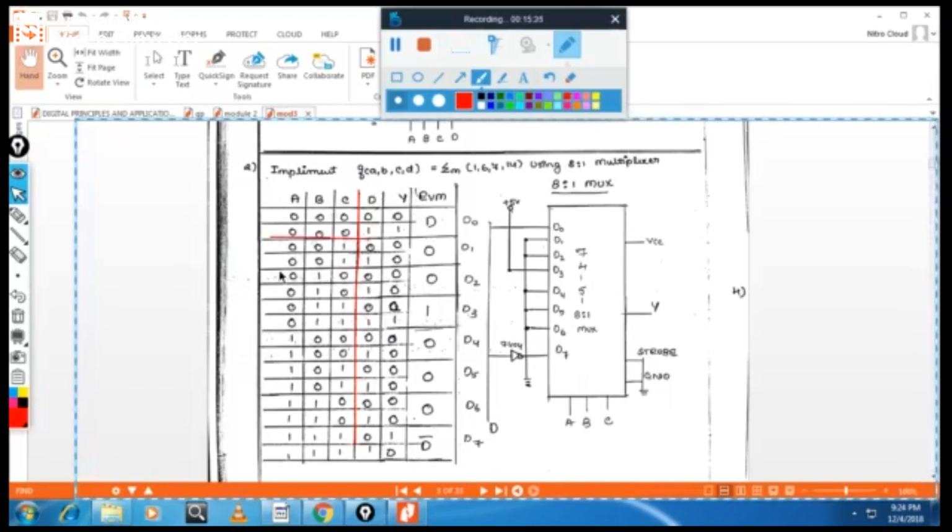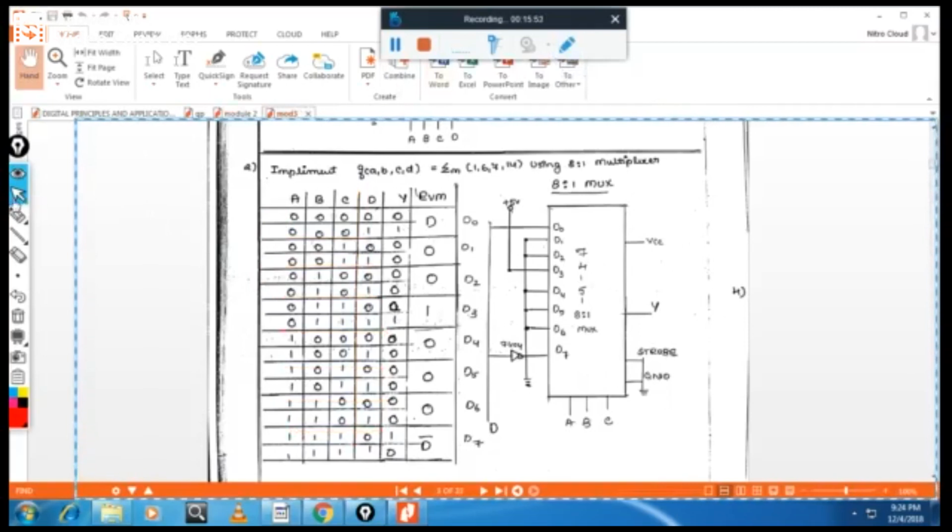First group, second group, third group, fourth group, fifth group, sixth group, seventh group. Like this group I will call D0. This one I will call D1. So D2, D3, D4 like that.